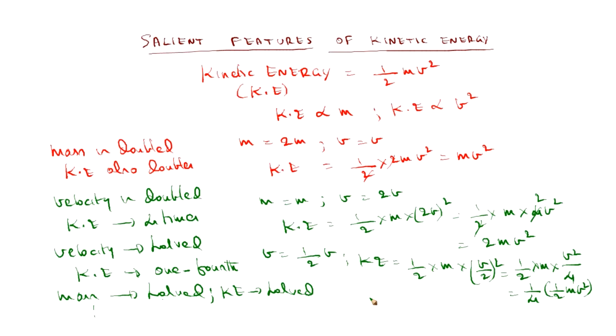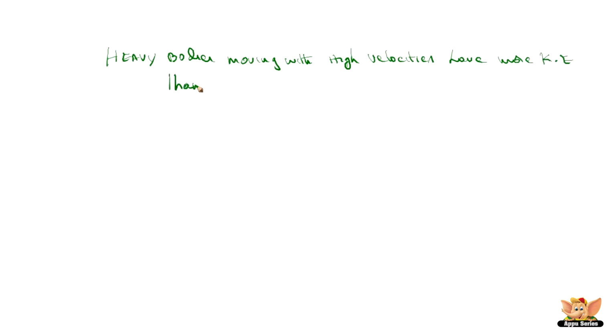Since the kinetic energy of a body depends on its mass and velocity, we say that heavy bodies moving with high velocities have more kinetic energy, KE, than slow moving small bodies. Small body means small mass.